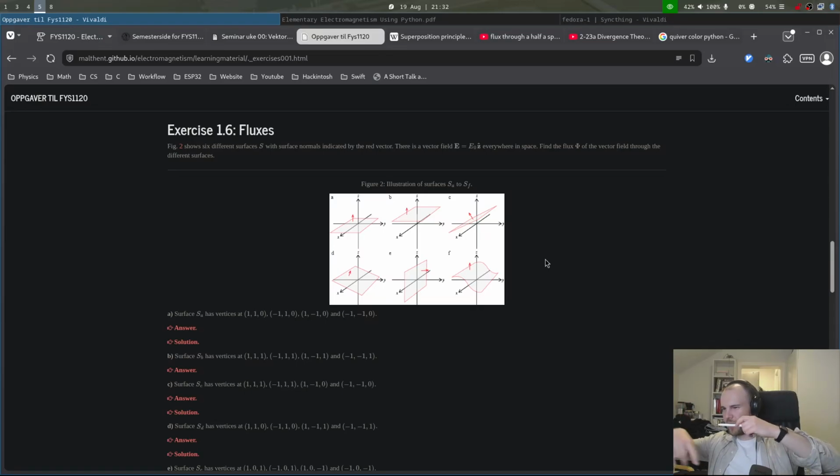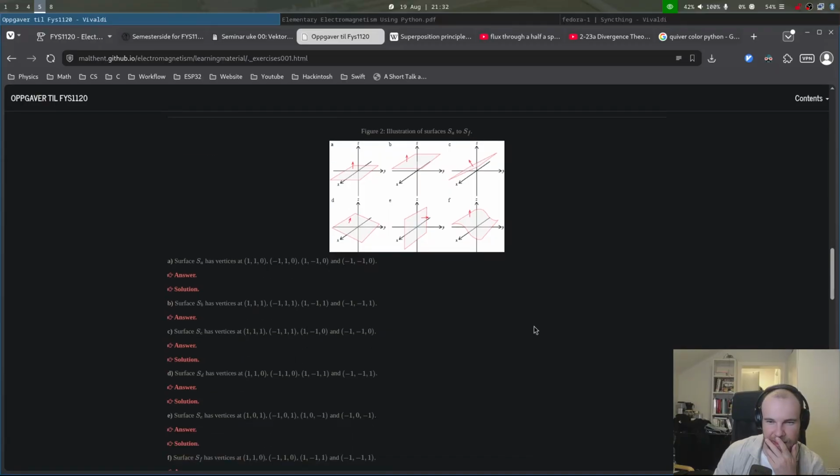It's because the field still just went through that same surface. That's what matters. The shape later doesn't matter if the field is uniform, which it was. And the same idea is here, so you can use that same idea.